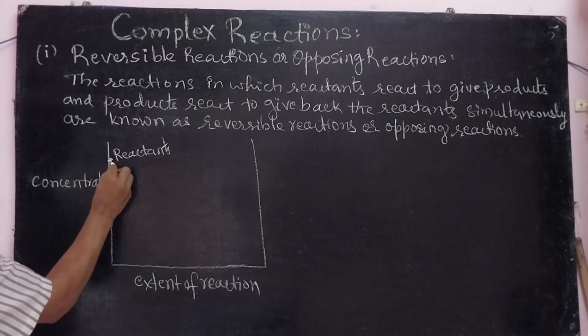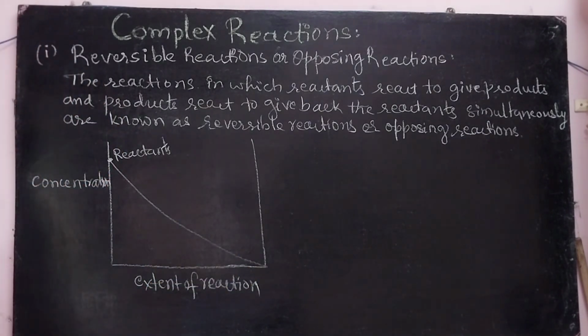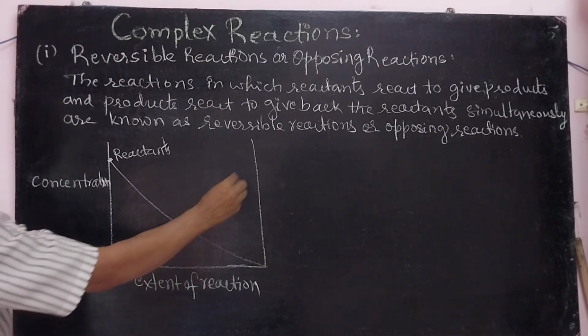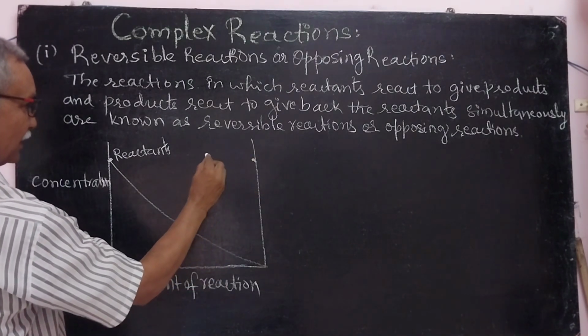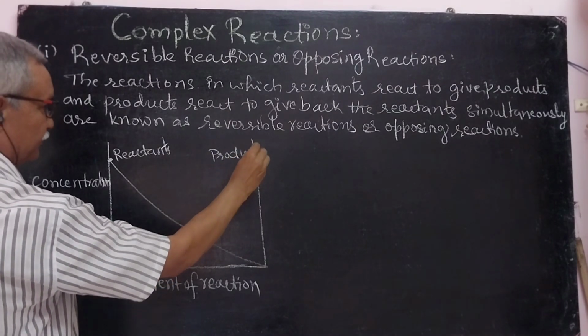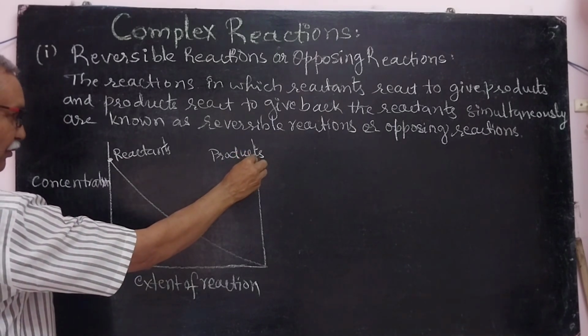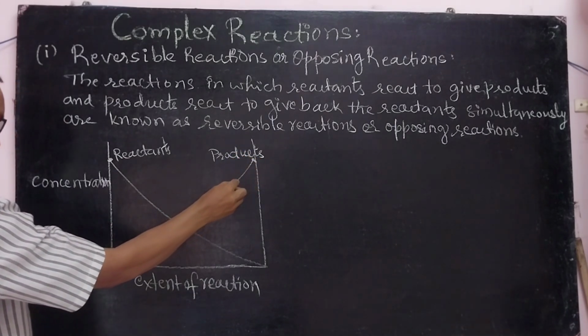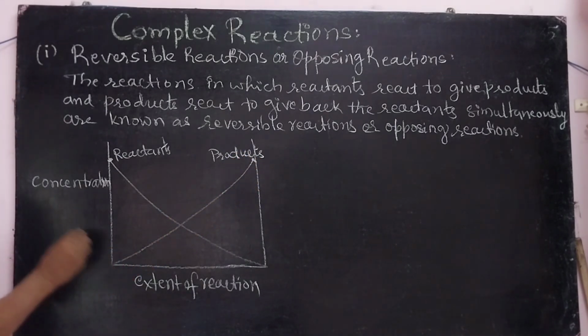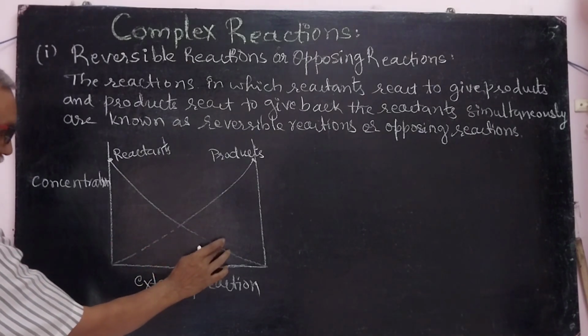Now the concentrations of reactants goes on decreasing as the reaction proceeds. Suppose this is the concentration of products. Suppose the same reaction is started with the products, then the concentration of the products goes on decreasing in this way. Now this may be shown as the dotted line.